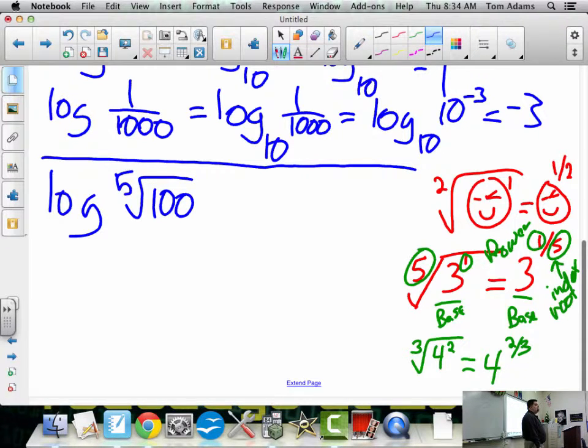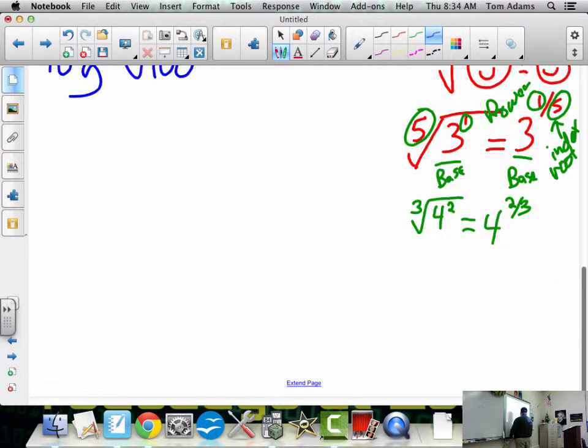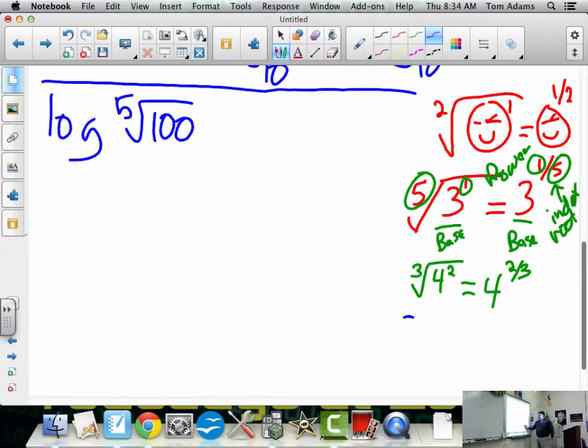Then it has to be 100 raised to the power of 1/5. You're half right. What she's saying is that the 5th root of 100 is equal to 100 raised to the 1/5. And she is absolutely correct about that. And that's going to be important. That's how we're going to get our answer.